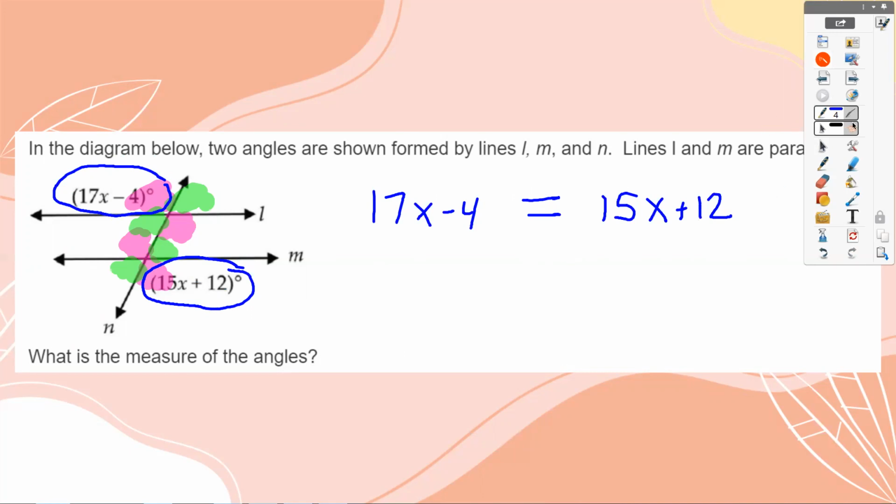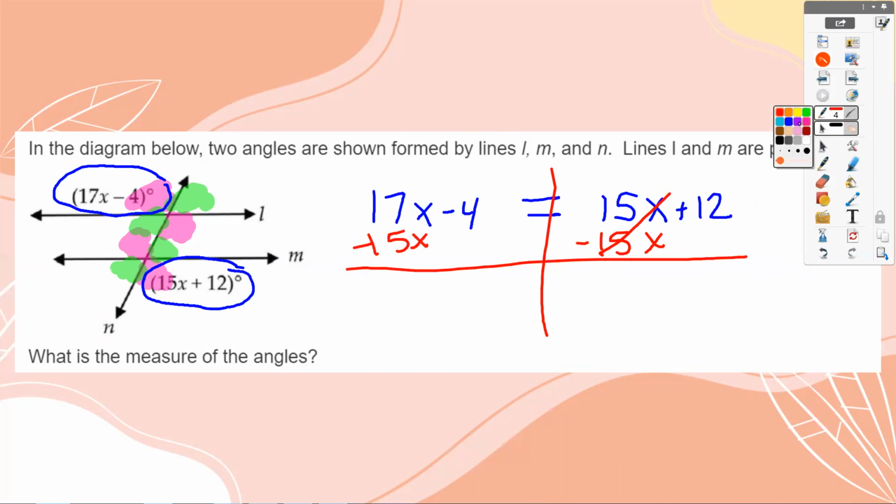So these are the same problems like you did in the first session. So I would draw my line. I would say minus 15x here to get rid of that. Do the same thing here. And I get 2x, and then I'm going to bring down minus 4, equals 12. Get rid of that one.